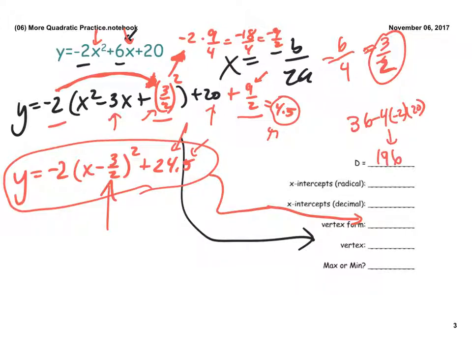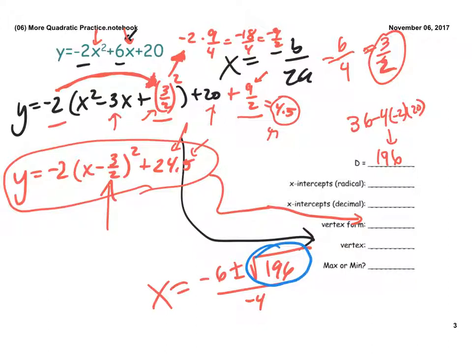And the X-intercepts: x equals -20. Nope, -6, sorry, plus and minus the square root of 196 all over 2a, which is 2 times -2, which makes -4. And this happens to work out nice because that is 14.